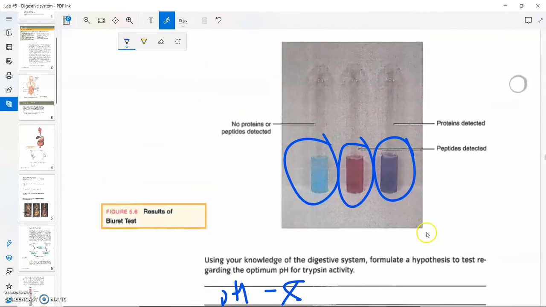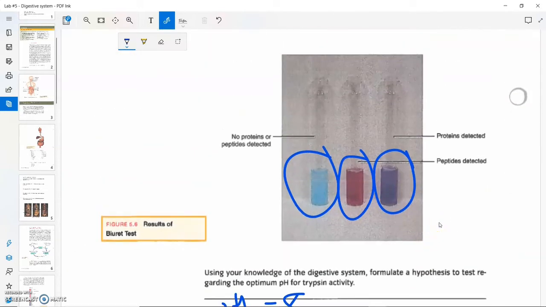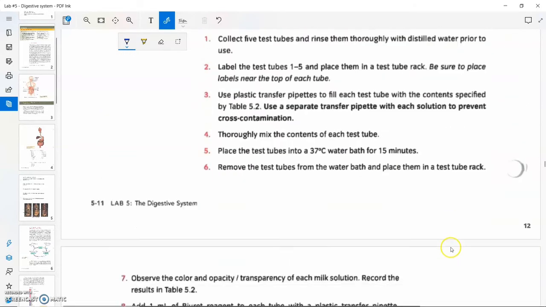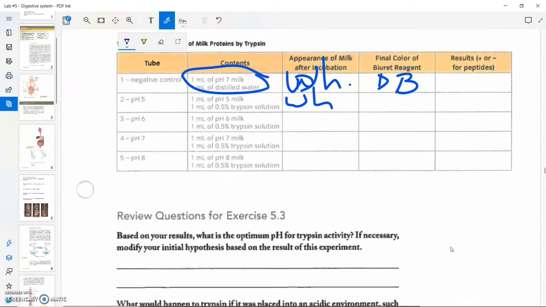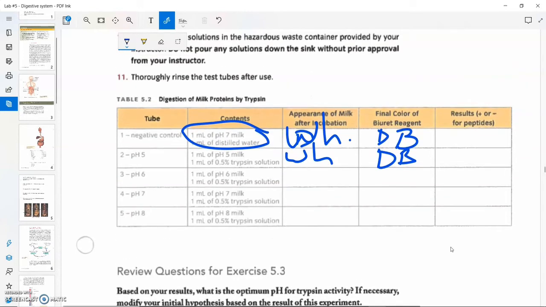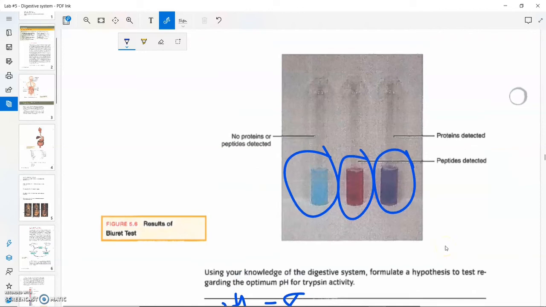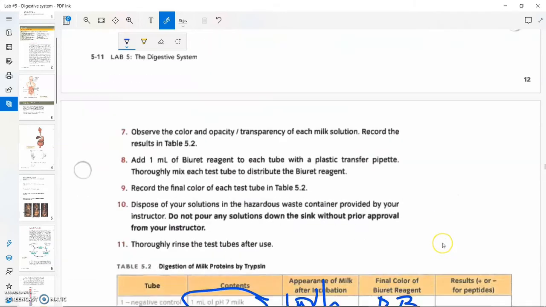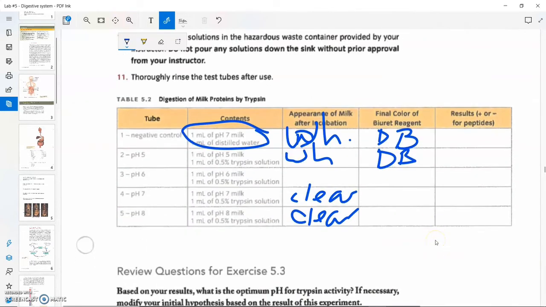So will it work at pH 5? Probably not. Will there be proteins? Probably so. So it's going to be dark blue. And then at pH 7 and 8, most likely the milk will be clear. And the color will show presence of peptides, red. So there will be peptides.